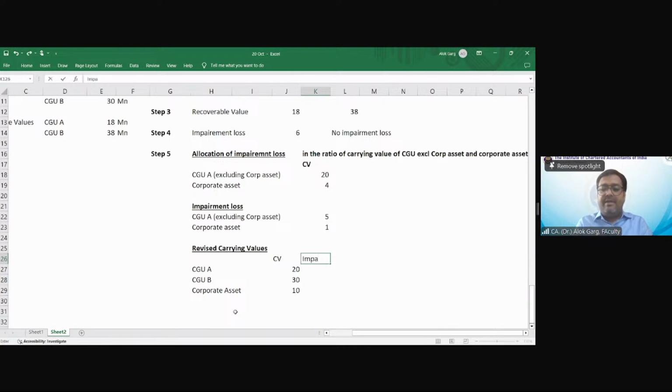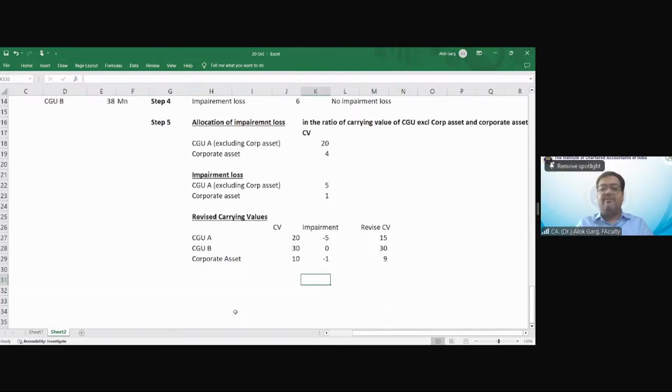What is my impairment? On CGU A how much did I impair? -5. On CGU B, 0. On corporate asset, -1. My revised carrying value: 20 minus 5, 30 minus 0, 10 minus 1. This is how you need to solve this question.